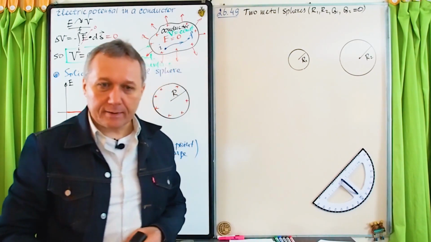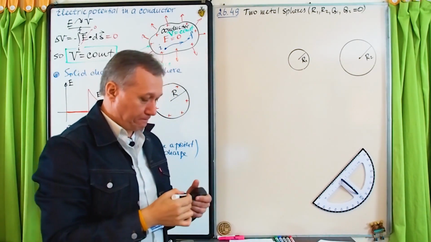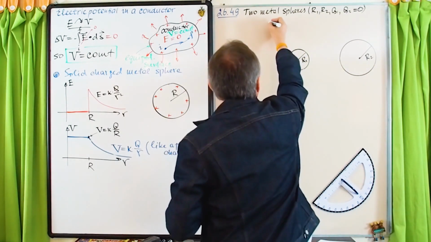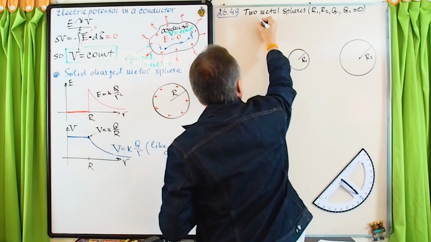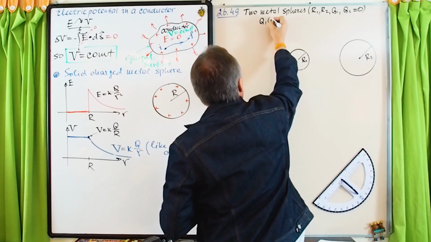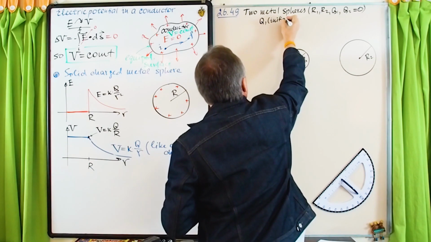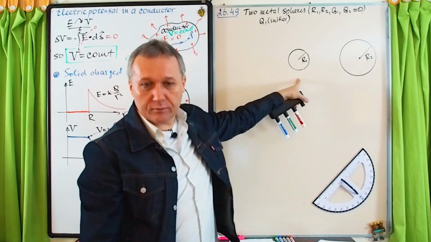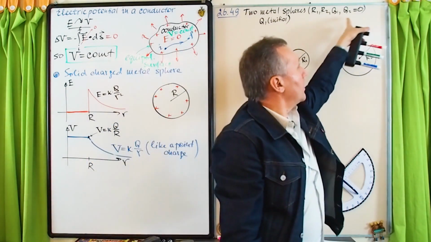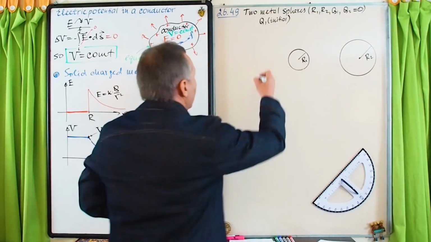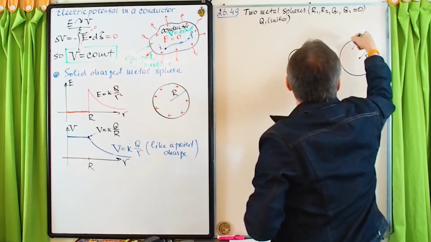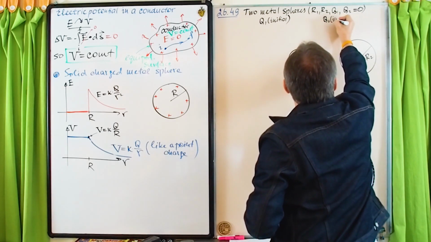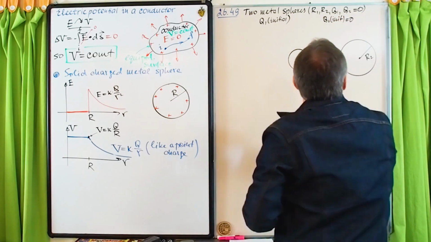Now let me write next to the picture. Everything related to this sphere: Q1 initial is given. And everything related to this sphere I will write over there: Q2 initial is 0.